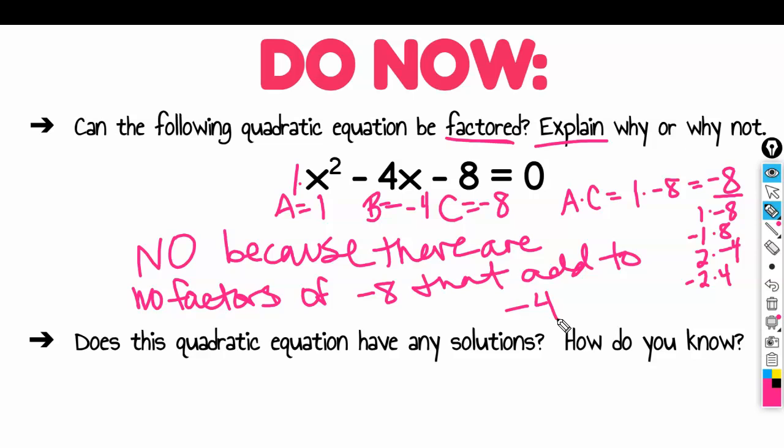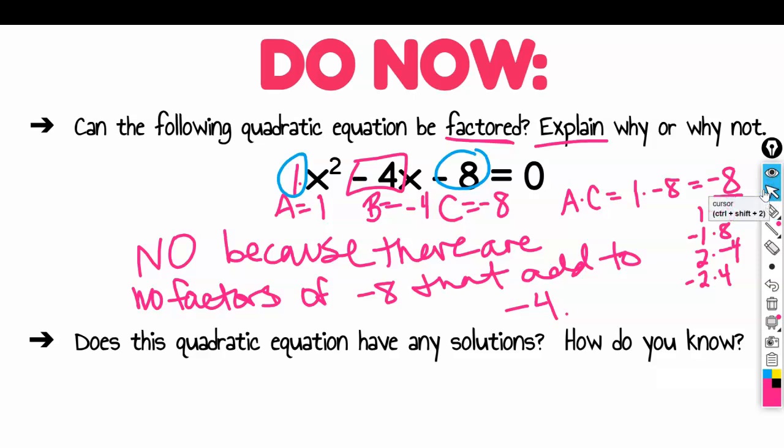Because I am always checking factors of A times C, of this number times this number, that add to give me this number. That is what I am always checking for.